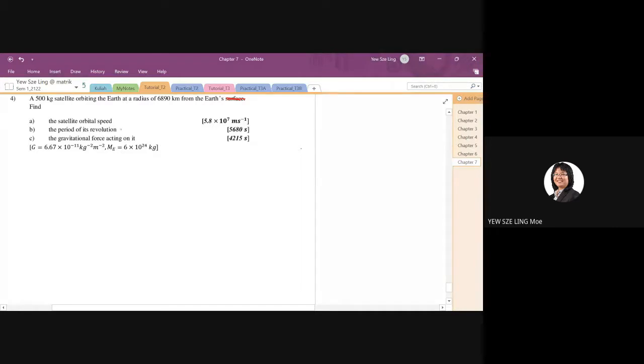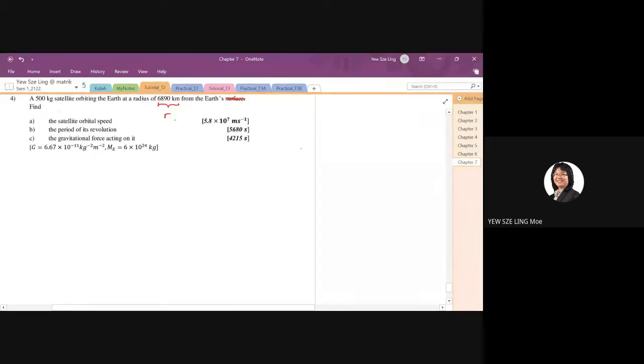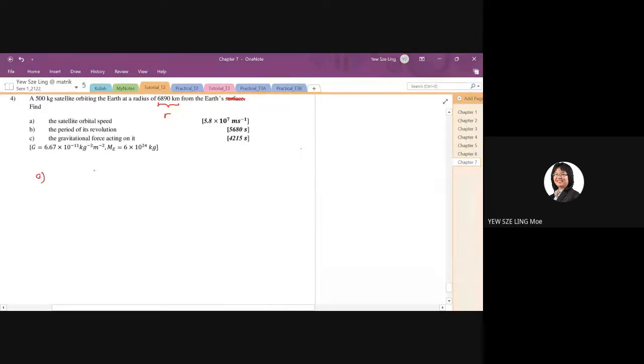Find the satellite orbital speed. So this value given straight away is the R already. So question A, the satellite orbital speed.